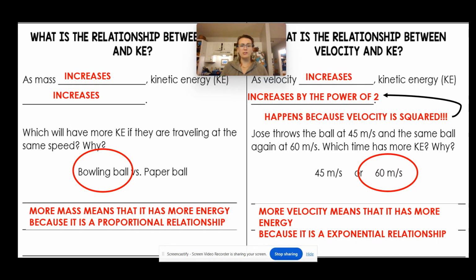So which variable has more say in kinetic energy, which one do you think it is? Do you think it's velocity, or do you think it's mass? Okay, I want you to do sign language. So velocity or mass, which one is more impactful? Which one matters more? If you held up V for velocity, then you are correct. And that's because you're multiplying it by itself.